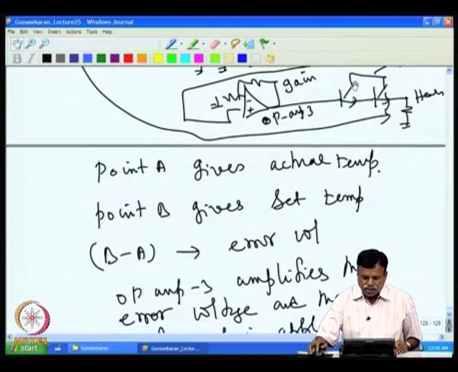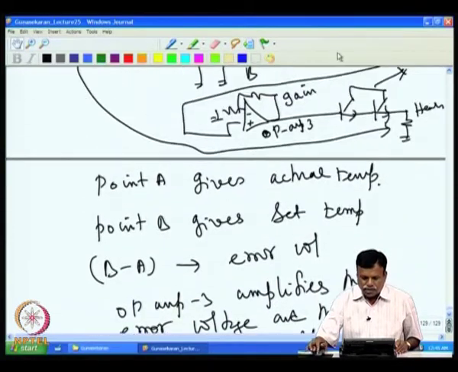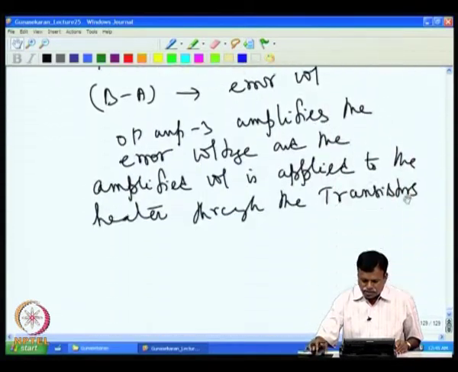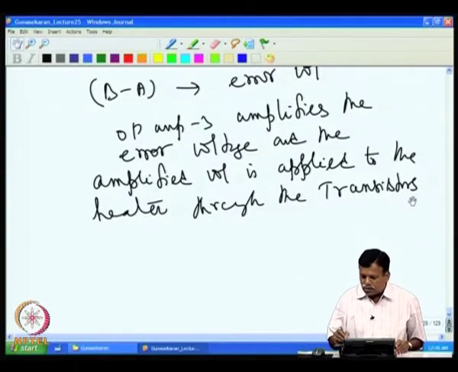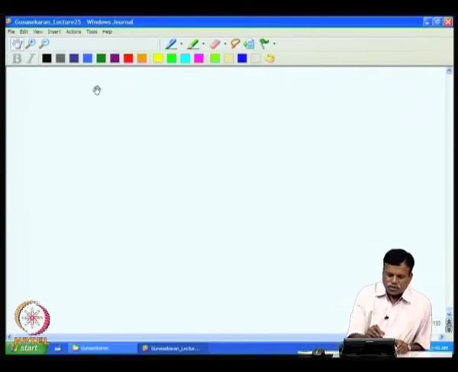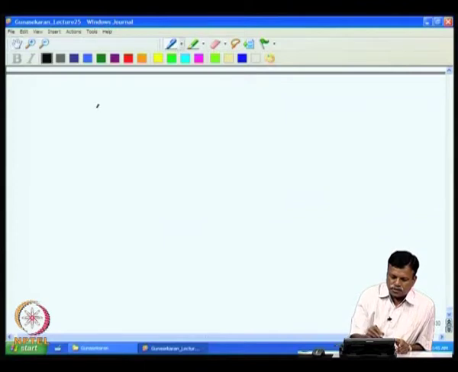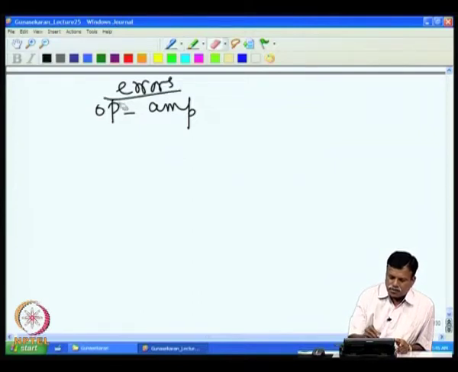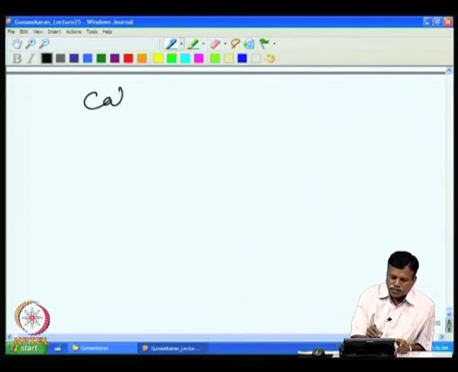Now, we will see the errors. The op amp 1 handles the very low level signal. So, we will now calculate the errors.